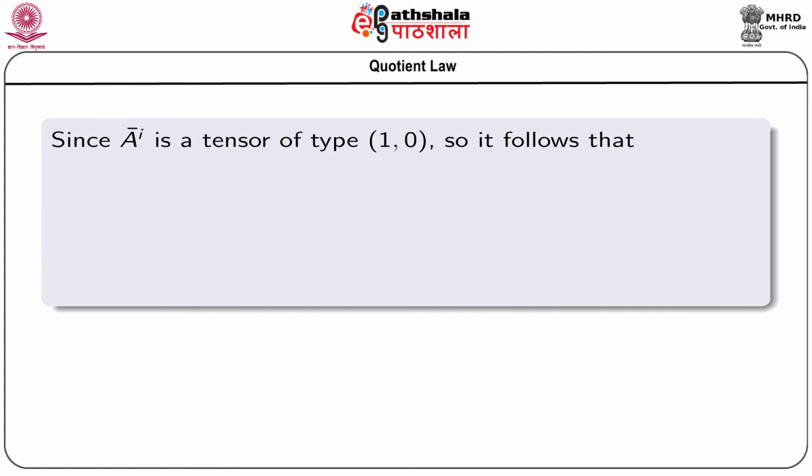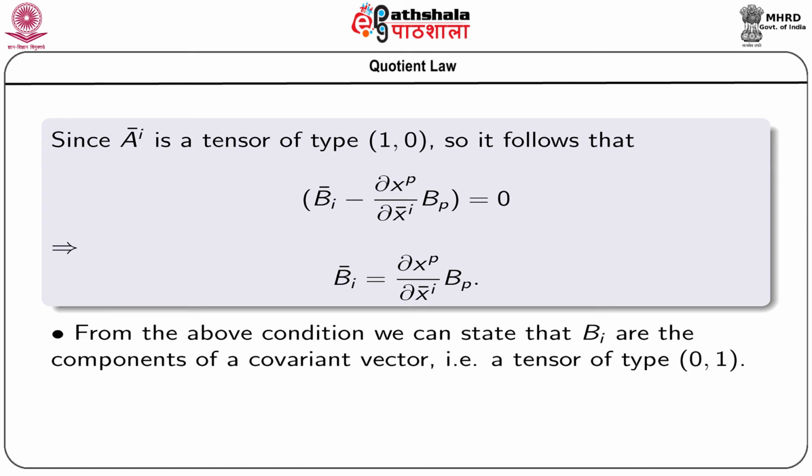Now, since A bar i are the components of a tensor of type 1, 0, it follows that B bar i minus del xp del x bar i Bp equals 0. So, B bar i equals del xp del x bar i Bp. From the above condition, we can state that Bi are the components of a covariant vector, that is a tensor of type 0, 1.